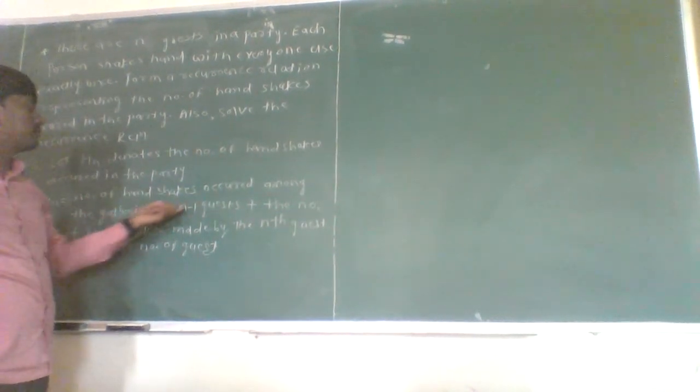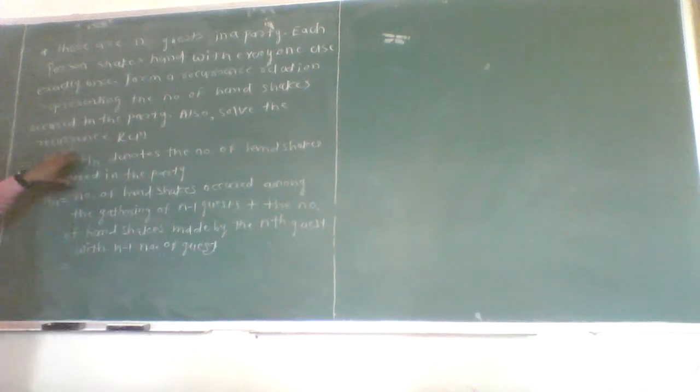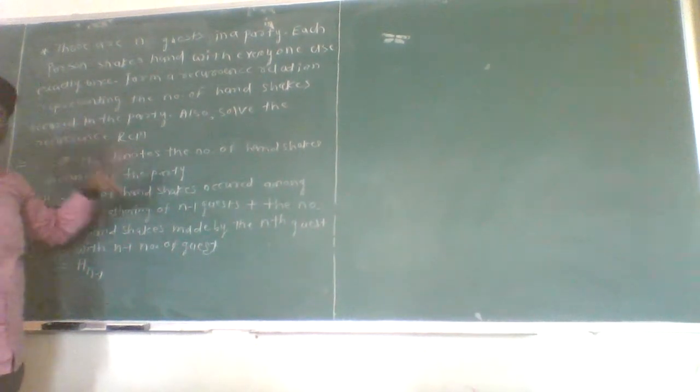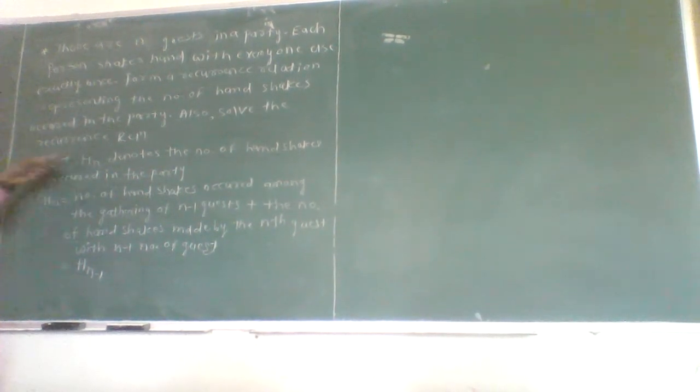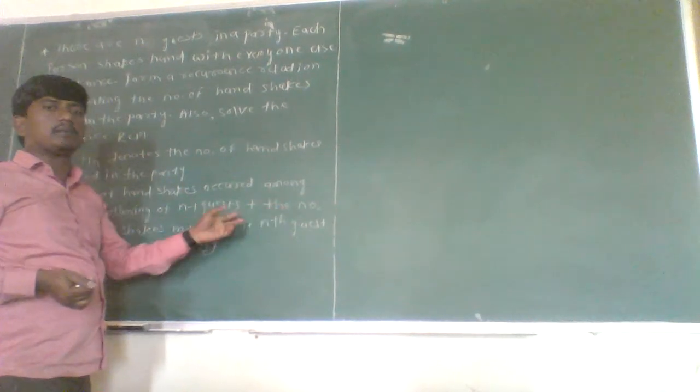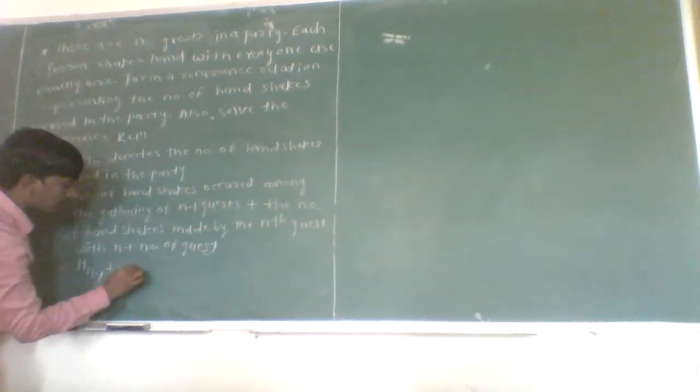Since Hn denotes the number of handshakes occurred in the party with n guests, the number of handshakes occurred among the n minus 1 guests in the party will be Hn minus 1, plus the nth person's handshakes with the remaining n minus 1 persons, which will be n minus 1.